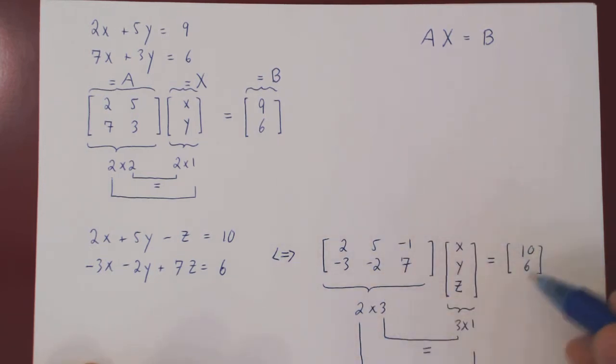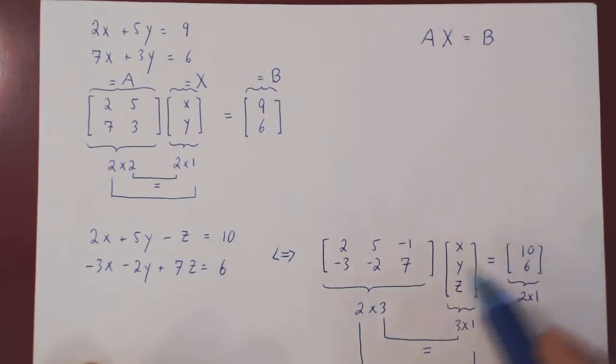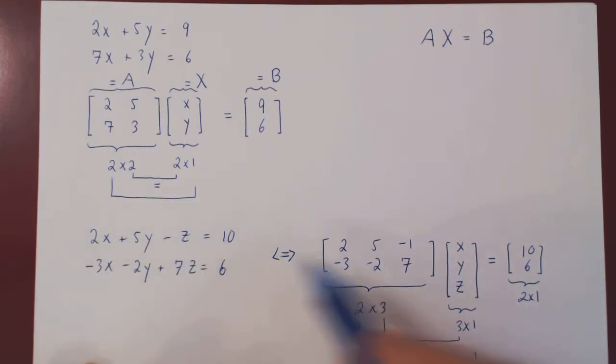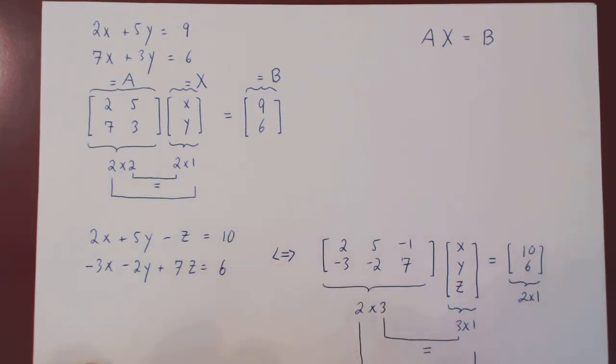So, when we have here a 2 by 1 matrix, everything works out. Let's multiply out. First entry, row 1 times the column, so 2x plus 5y plus negative z, check. And this has to equal the first entry, 10. So far so good. Second entry is 6. Let's multiply out.